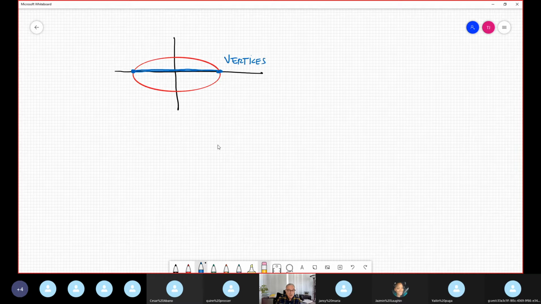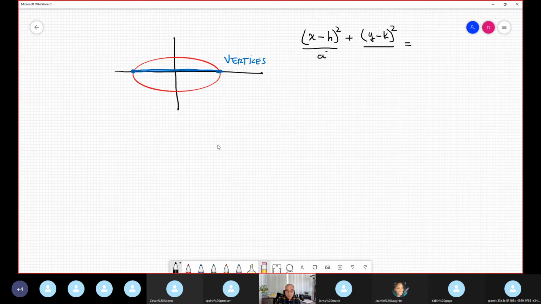In plural, vertices. And by the way, suppose the equation of the ellipse here is similar to the equation of the circle: x minus h squared over a squared plus y minus k squared over b squared, equal to 1. But we have no radius because the distance is different.